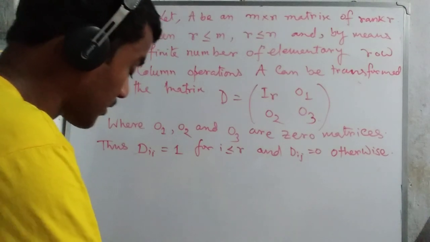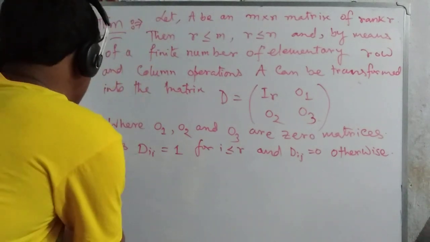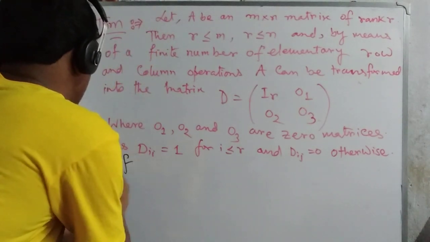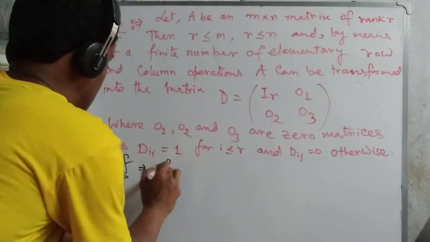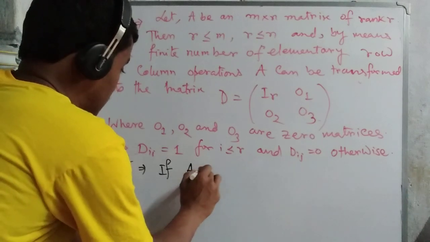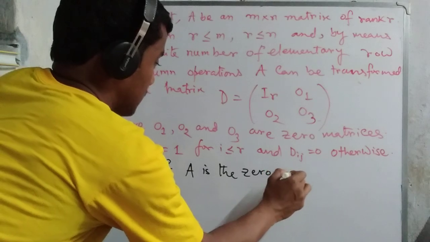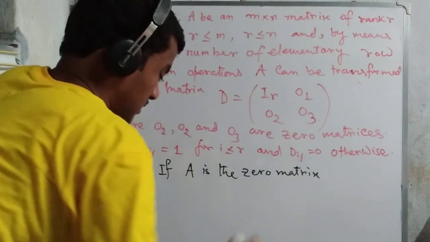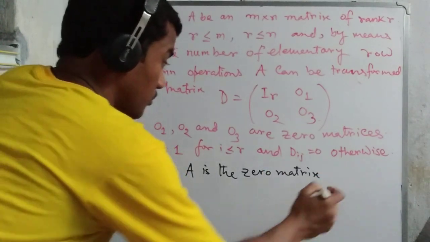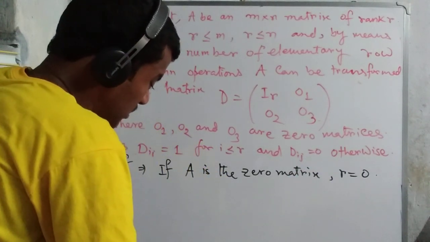So we start from that. Proof: if A is the zero matrix, then r equal to 0. Not a problem at all.